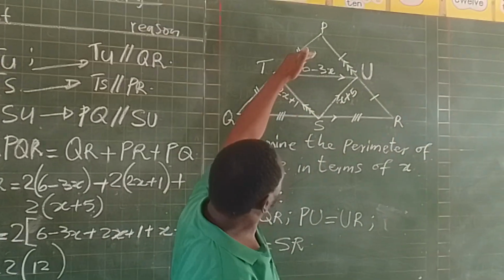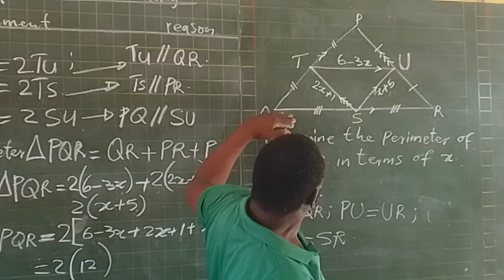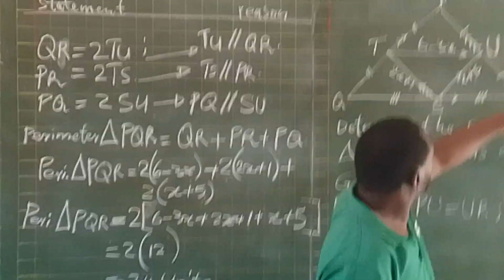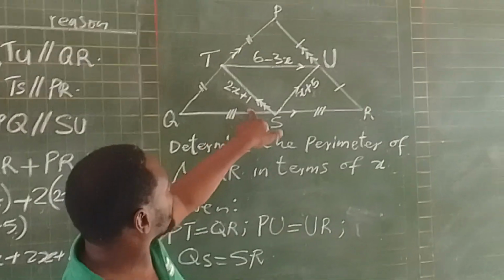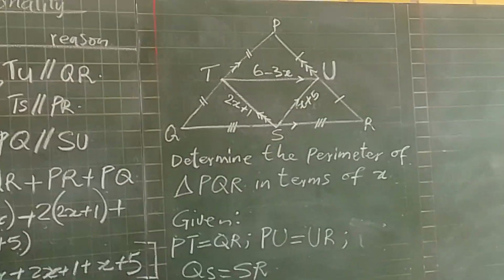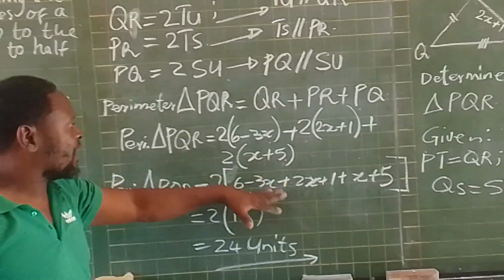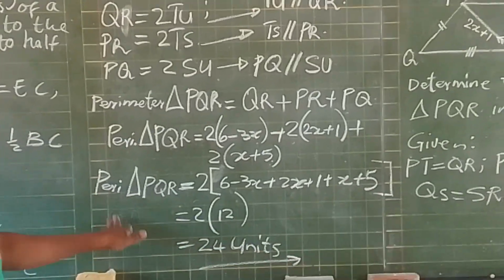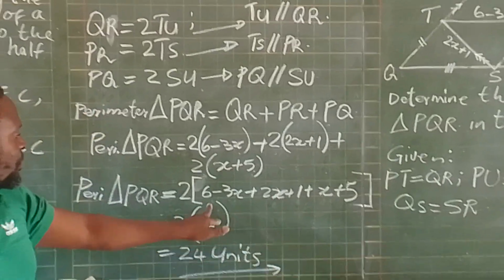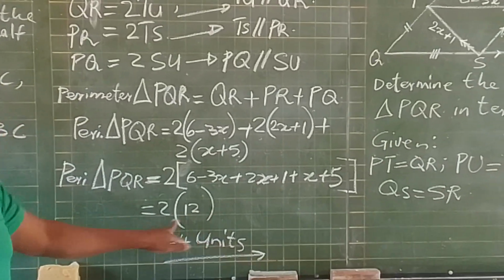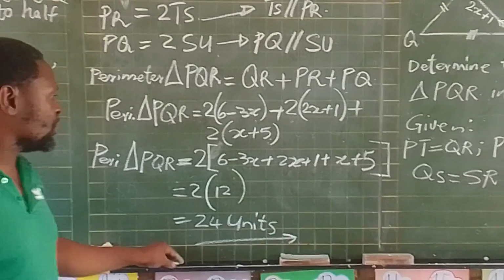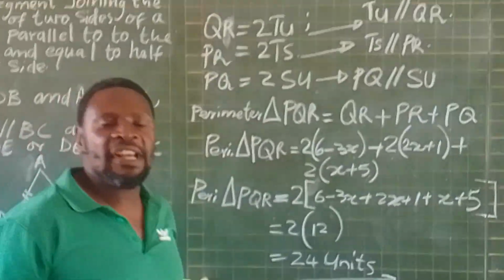So you take this, multiply it by 2, it is equal to QR, and QR plus PR is 2 times that, plus PR is 2 times that. Then you represent it algebraically and find that your x cancels out. You are left with 12, and 12 times 2 is 24 units. That is all I have for you, grade 12. Please keep on practicing.